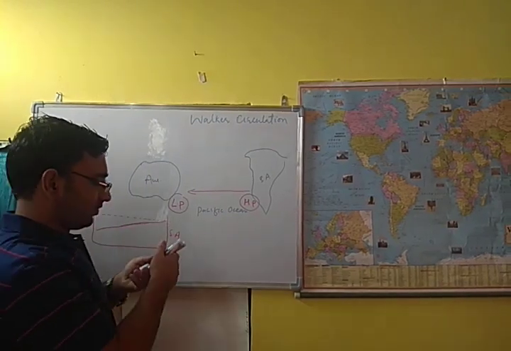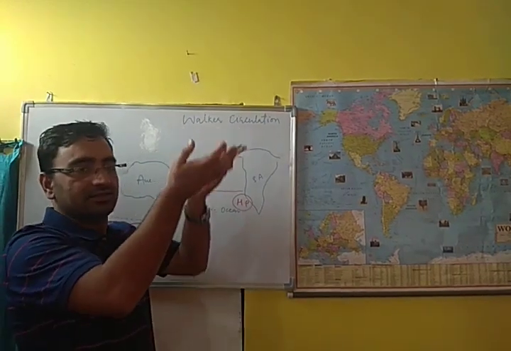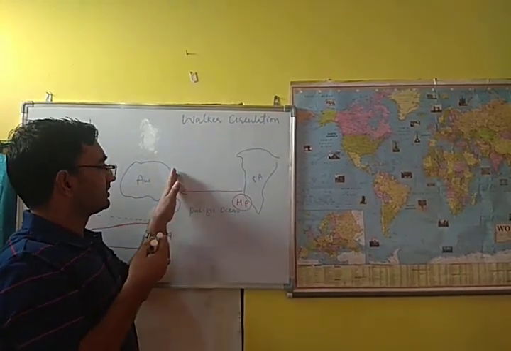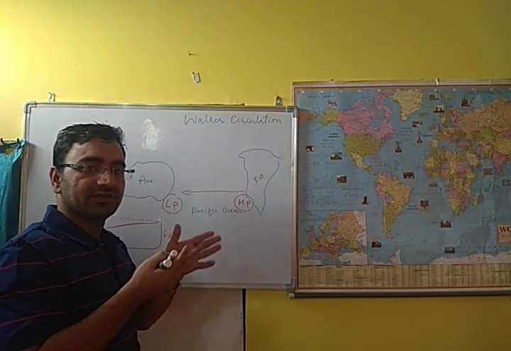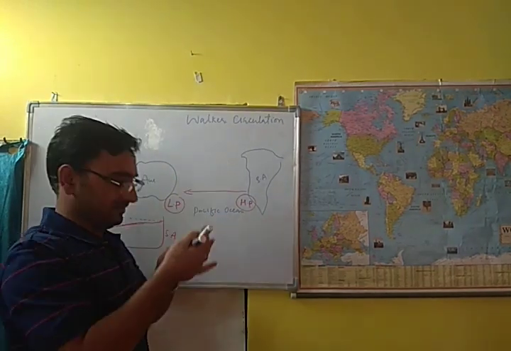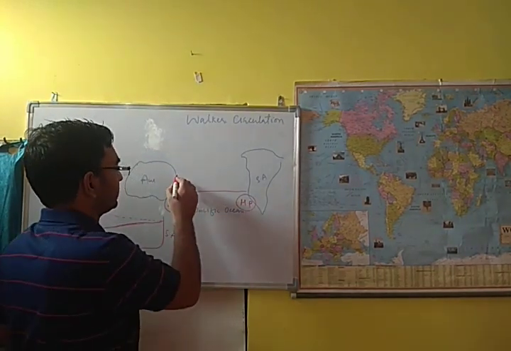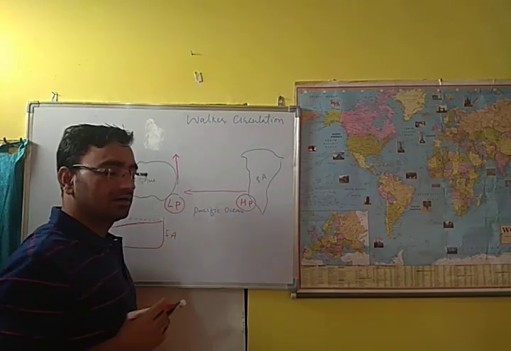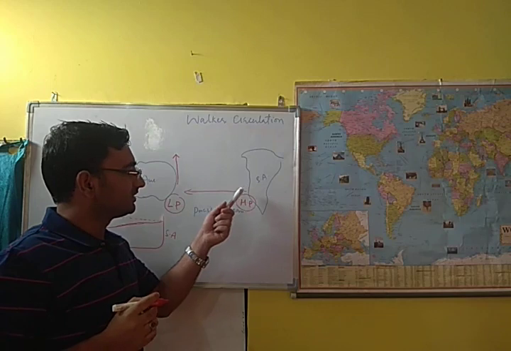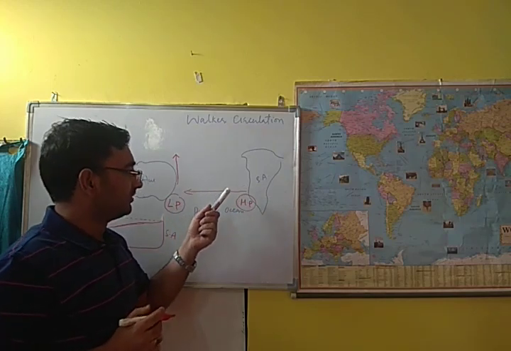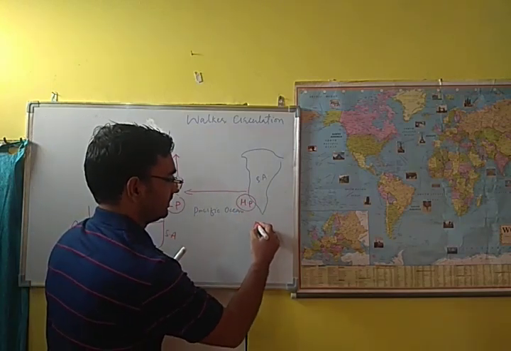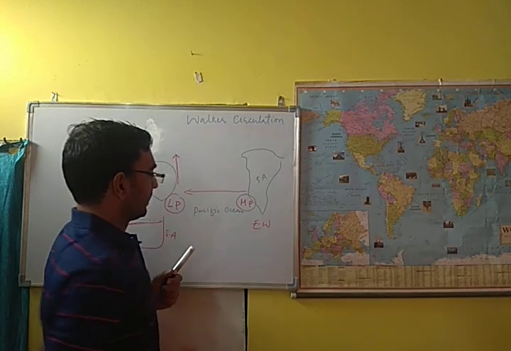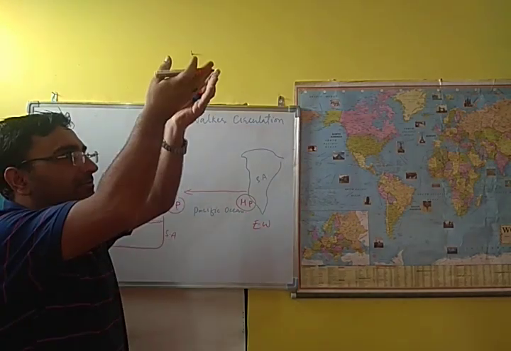These winds will now come and they will rise near the eastern side of Australia, or in the western Pacific. These winds, which were earlier part of the trade winds moving from east to west, will now rise up.